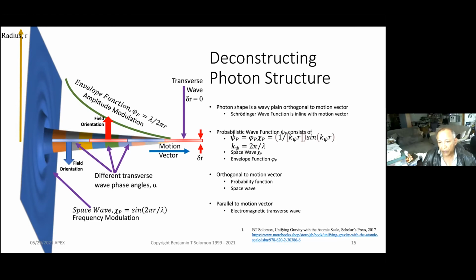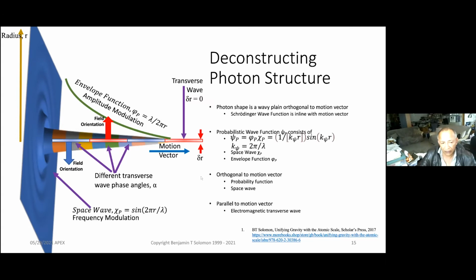Now, with this model, if you have the nucleus here and the motion vector pointing this way, and so the orthogonal space wave is here and the electron is orbiting this way, as long as the motion vector points towards the attraction, the acceleration, there will not be a synchrotron radiation. So that confirms that this is probably the correct model of the photon and electron.